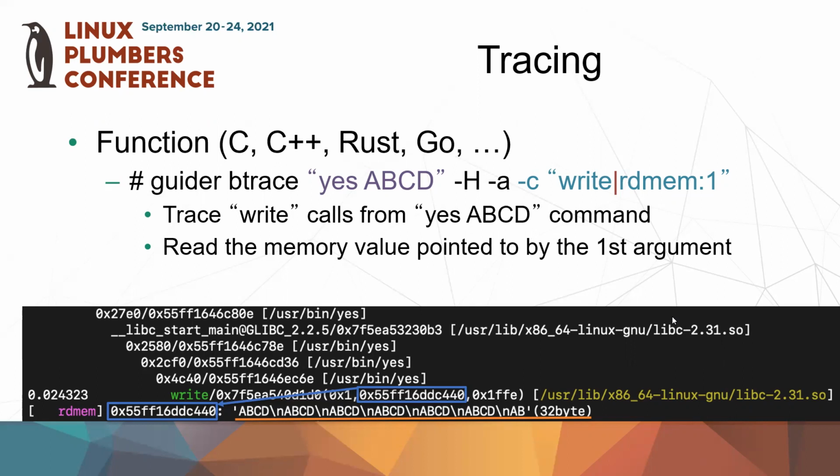Therefore, the function argument for the write function is a specific memory address that points to the value ABCD to be written. I guess the yes program is implemented using buffered write, because multiple ABCD strings are written at once by the write call.